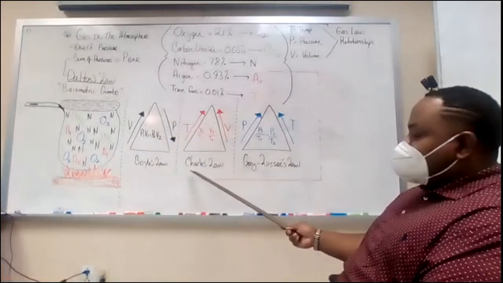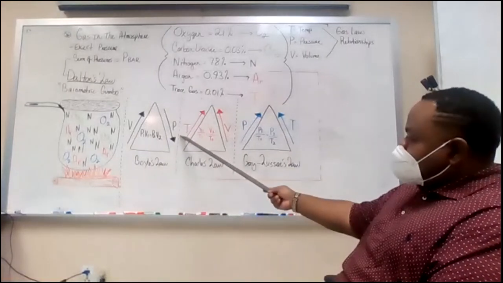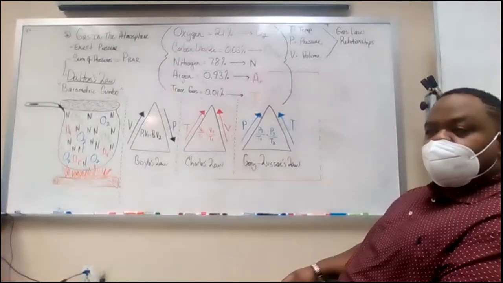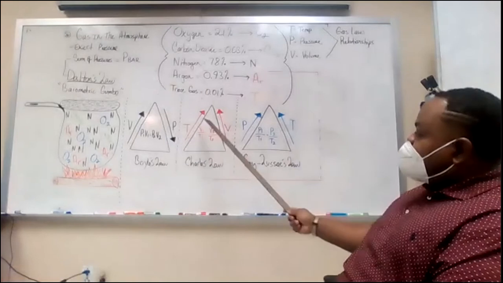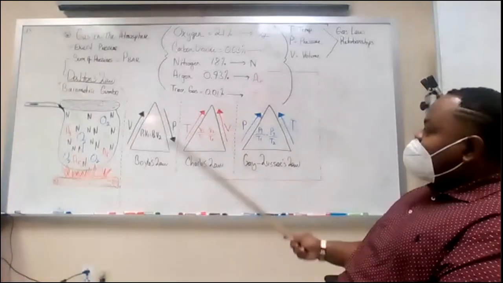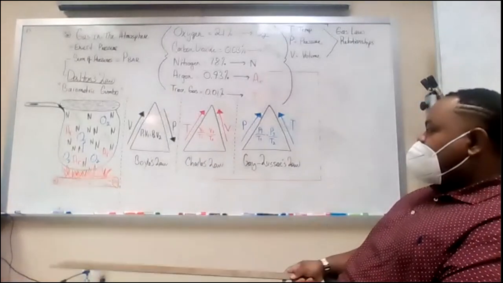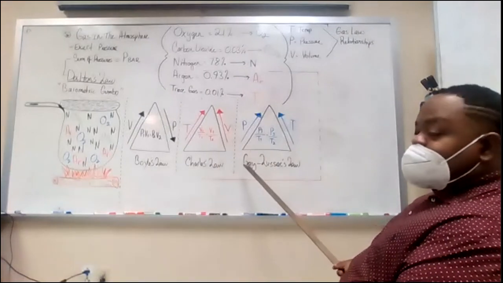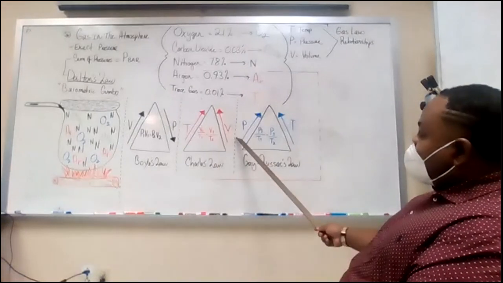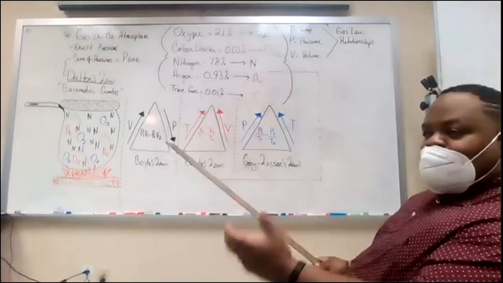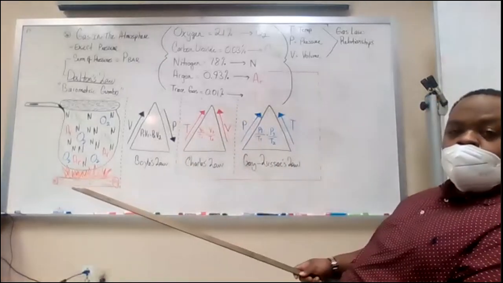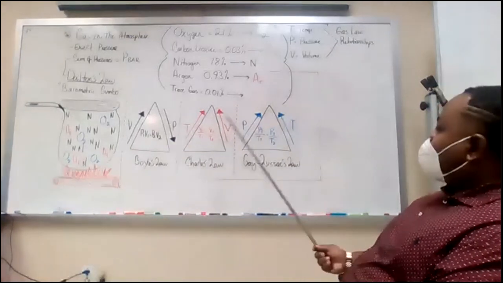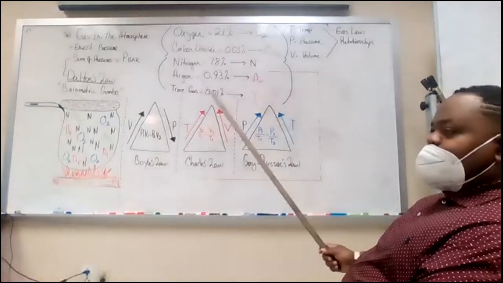According to Charles, temperature and volume are directly related. And according to Gay-Lussac, pressure and temperature are directly related.